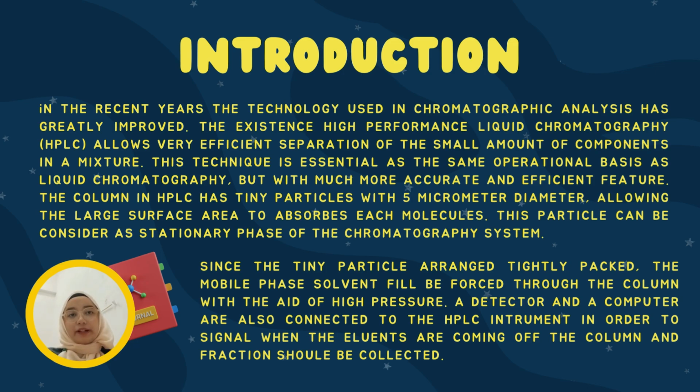Since the tiny particles are tightly and packedly arranged, the mobile phase solvent goes through the column forced with the aid of high pressure. A detector and a computer also need to be connected to the HPLC instrument in order to signal where the eluents are coming off the column and when the fraction should be collected.